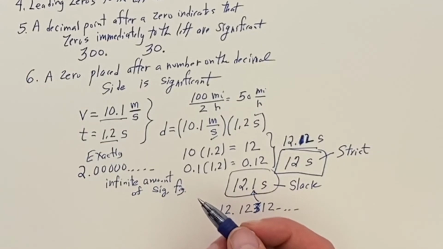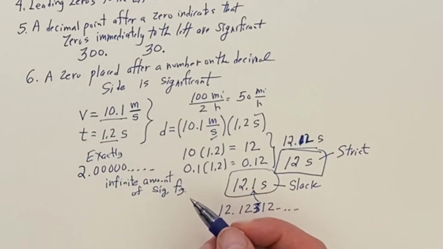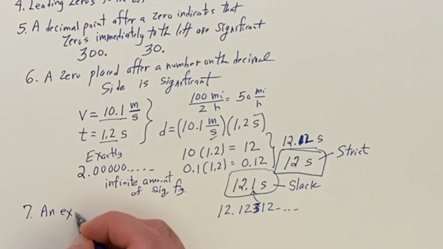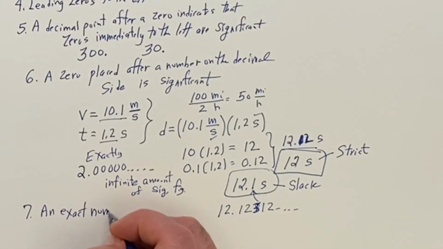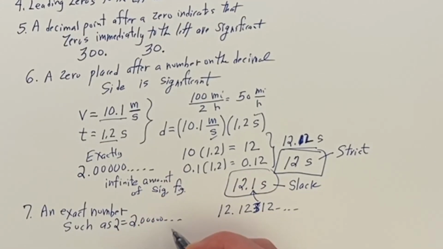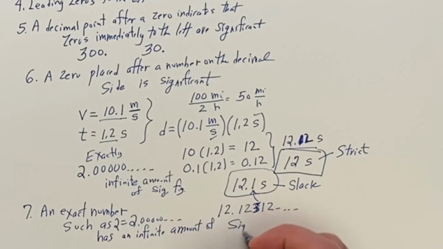So we could add a 7th rule. A 7th rule is that an exact number such as 2.00000, in other words, 2 equals 2.00..., has an infinite amount of significant figures.